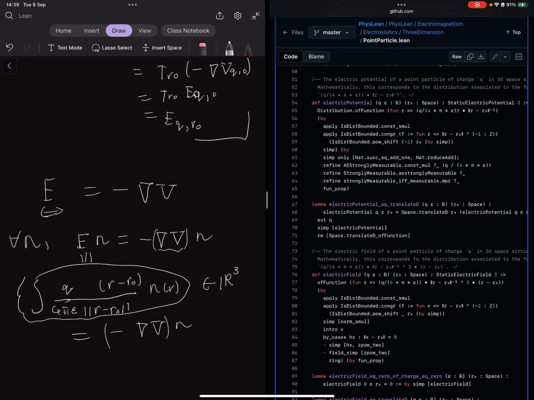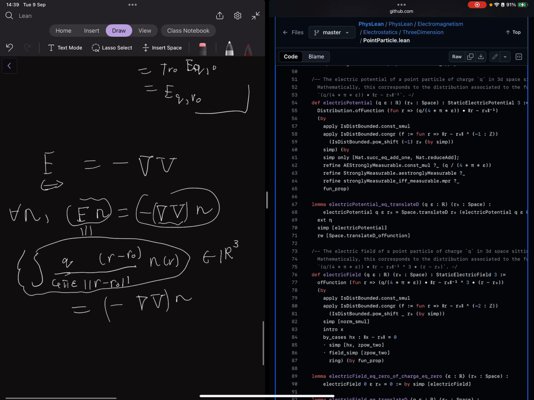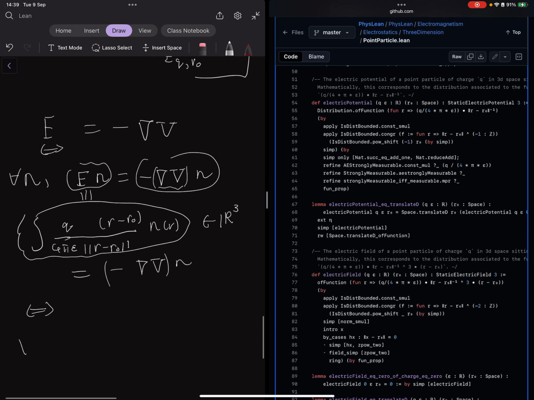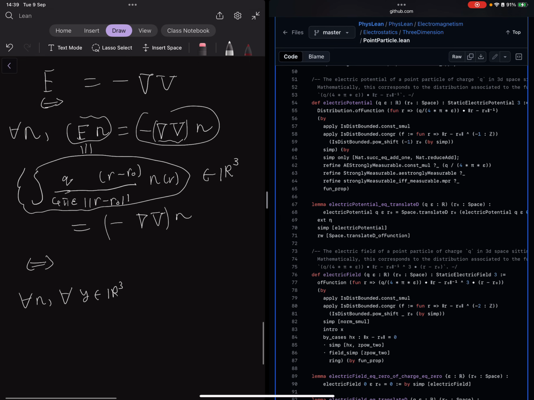In fact, this thing here lives in R cubed, and this whole thing here lives in R cubed. So what you can do is say that this is true if and only if, for all eta, and for all vectors y, which live in R cubed, the following is true. The inner product of this vector here with y is equal to the inner product of this vector with y.